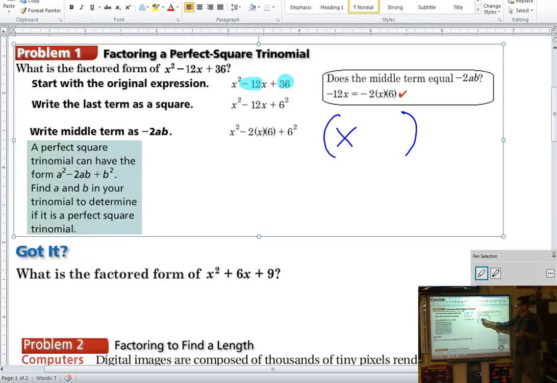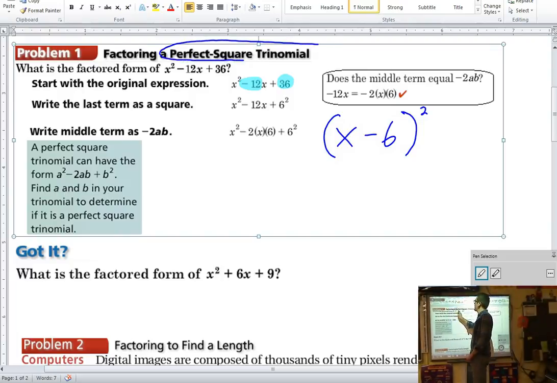So we would have x, negative 6, squared, not times 2. You just square the binomial. So that's why we call it perfect square trinomial, because you are squaring the binomial, which gets you the trinomial. Not every trinomial comes from a binomial squared, but the perfect ones do.